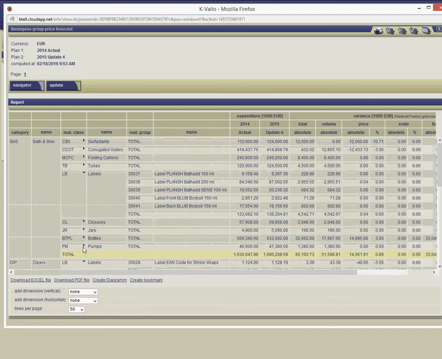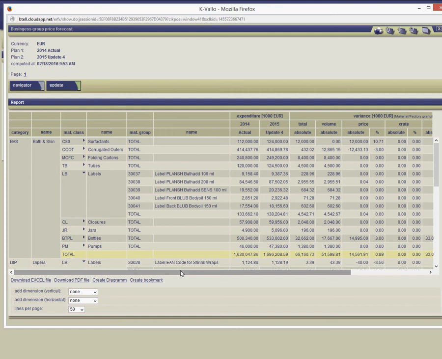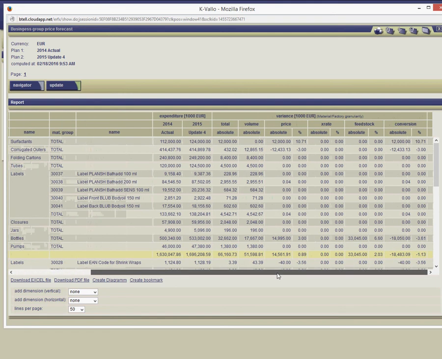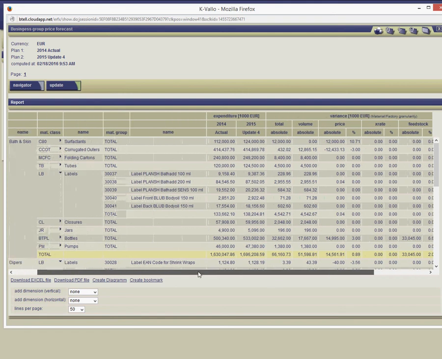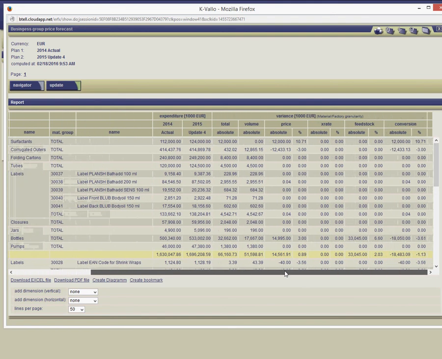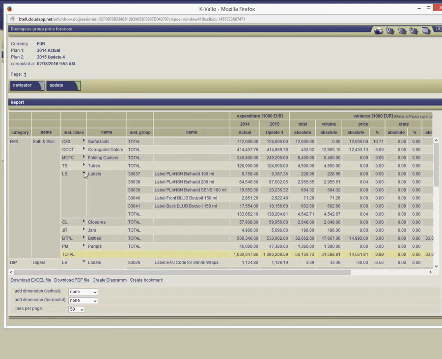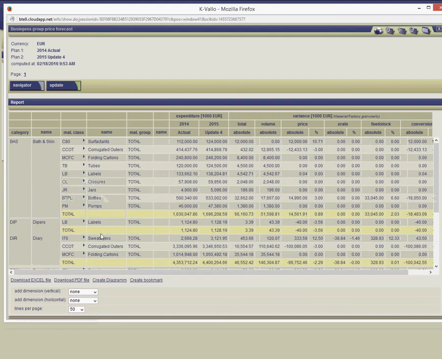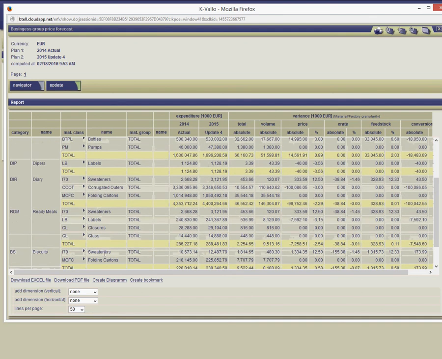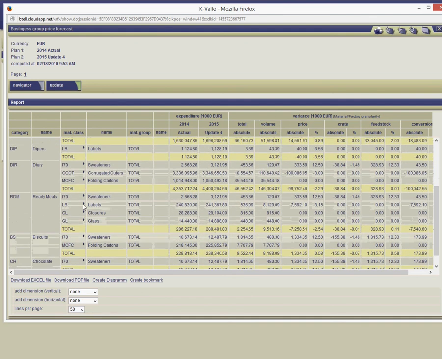You can see that those are the labels. I guess they are not by the supplier. Here we go.